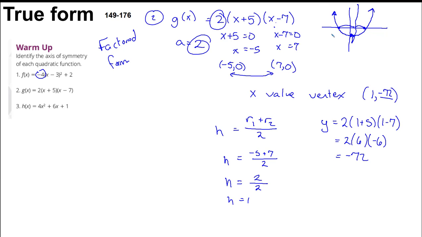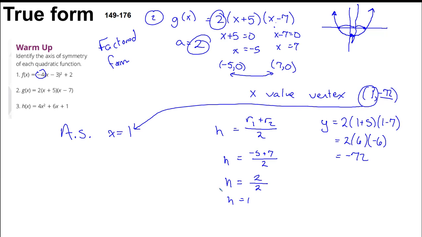And like I said, this was a really rough sketch, so we didn't have all the numbers, and that's the reason it kind of threw off here. And the axis of symmetry, and I usually use the abbreviation A.S., is always x equals the x value of your vertex. So in this case, for this question, we wouldn't have needed to find all that information, but I wanted to make sure you knew how to.